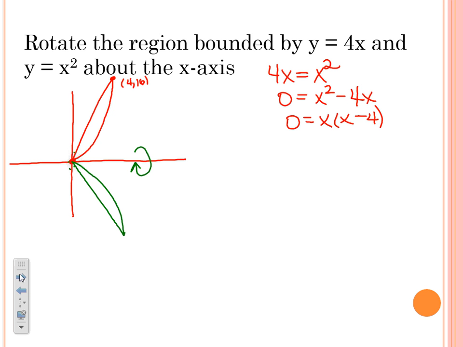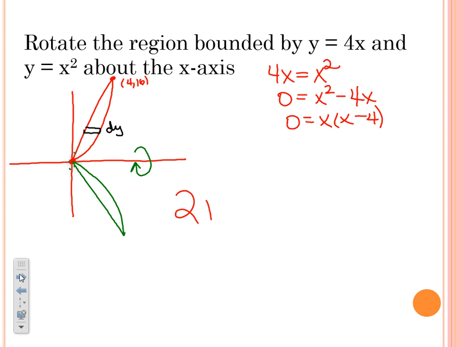If we have horizontal rectangles, then we get these shells. What's the thickness of each of those little rectangles? dy, which means we're integrating with respect to y. Does that change anything else about our problem? As far as 2 pi r h times the width, does that change? No, that does not change.